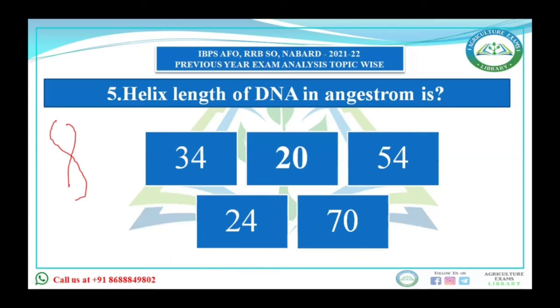In one turn, the nitrogenous bases adenine, thymine, guanine, cytosine are combined. The distance between two steps is 3.4 angstrom, and in one turn there are a total of 10 steps. Then what will be the total length? 34 angstrom, and the length of one complete turn is known as the helix length. Then the answer will be 34 angstrom. In one turn there are 10 steps.